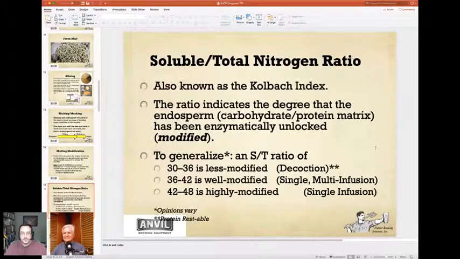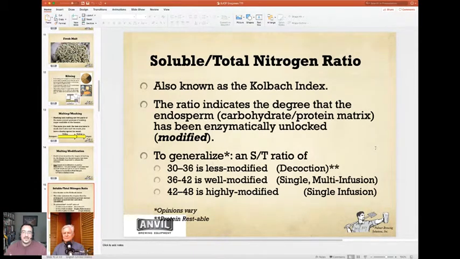So modification describes the degree of malting, in other words, the degree that the endosperm has been broken down. One aspect of modification that's used to gauge it is the protein degradation. And we talk about the percentage of proteins that are now small enough to be water soluble.